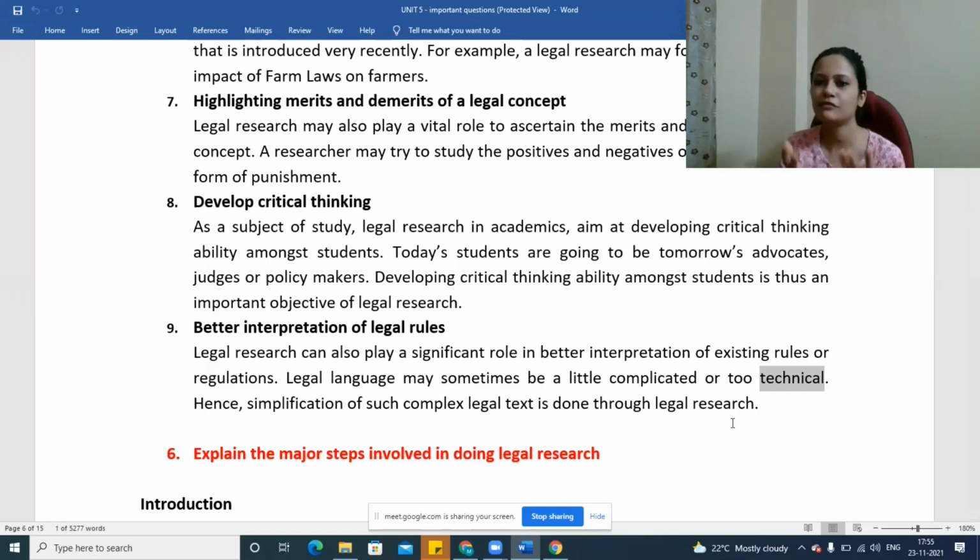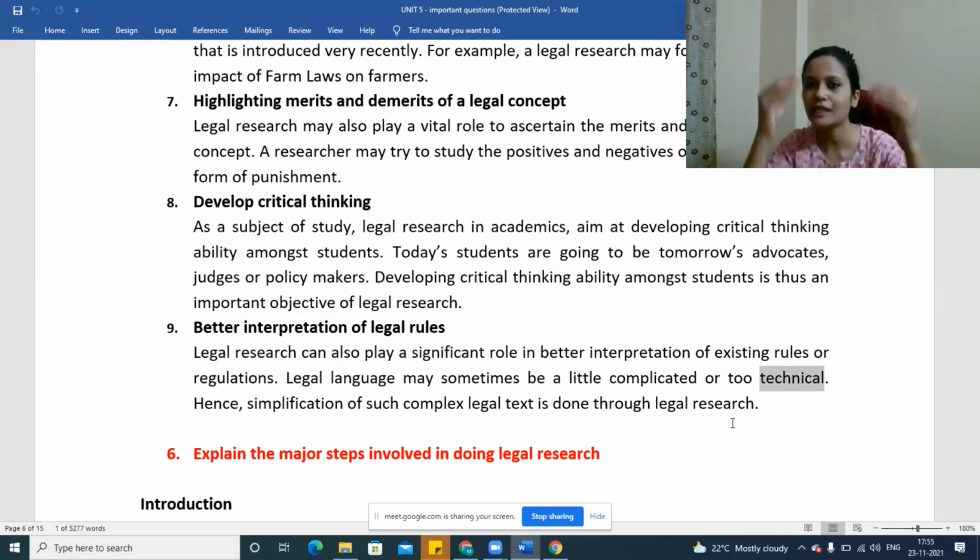When these farm bills were introduced, definitely all of us did not download the entire bill and go through the provisions. Rather, we read some articles here and there, some newspapers, or watched some videos. From there, we got the conclusion that these things are there in it.